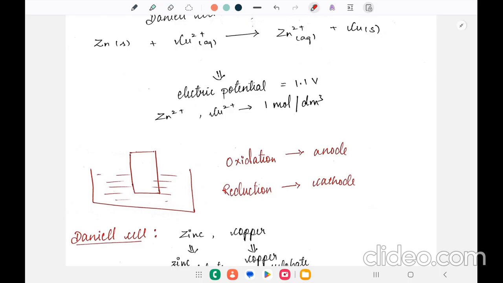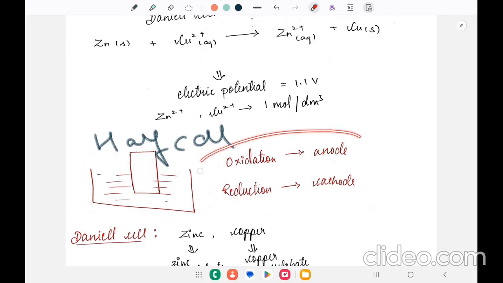Suppose we place a Zn electrode, then the salt will also belong to zinc, such as zinc sulfate or anything like that. This combination is called a half cell or a redox couple. In a half cell, either reduction can happen or oxidation can happen.